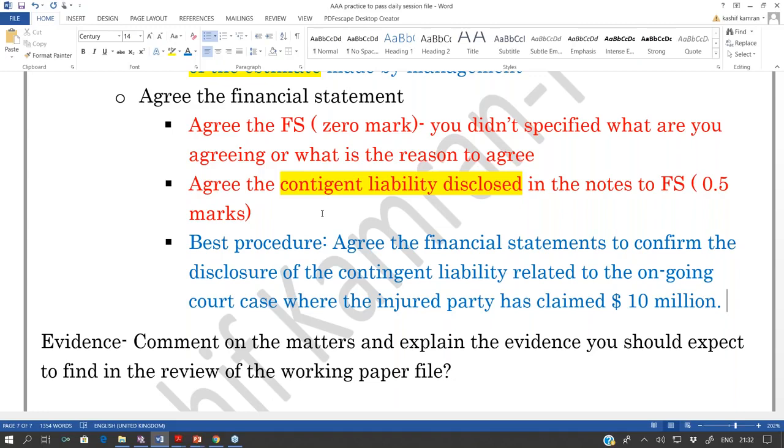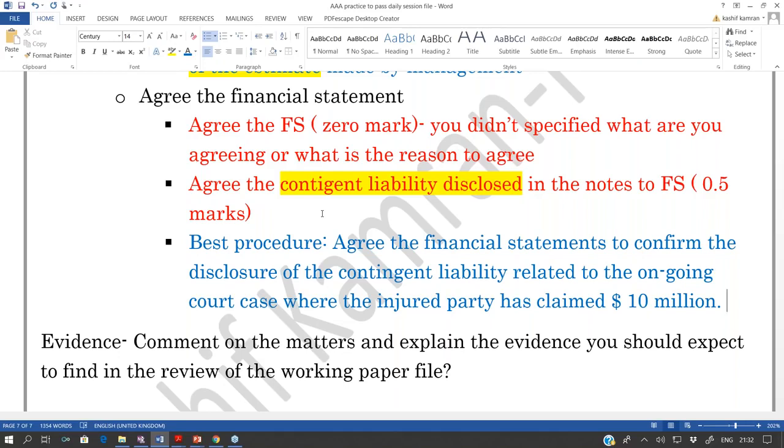So that means in the note, you must have disclosed the $10 million, because the shareholder wants to see the value of the contingent liability, not just the contingent liability. So can you feel the difference between a wrong procedure and a right procedure?